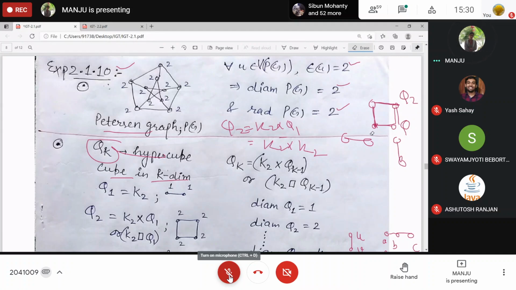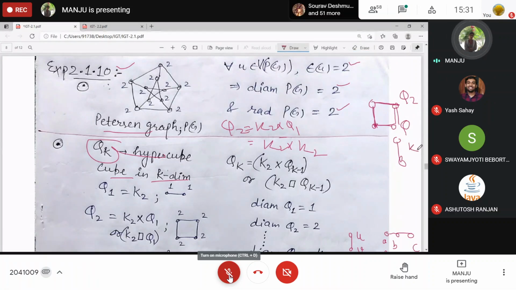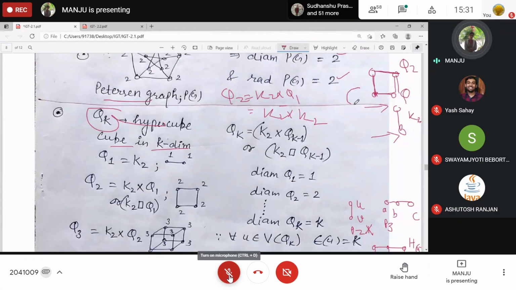Then what are we doing? Another thing: Q2 cross K2 gives Q3, the cube. How did we get it? One copy of Q2 is put in place of this vertex, or rather, K2 copy put over here in these four places and make the corresponding vertices adjacent. So I'm just putting this Q2 copy over here, one copy upward, then one copy over here.